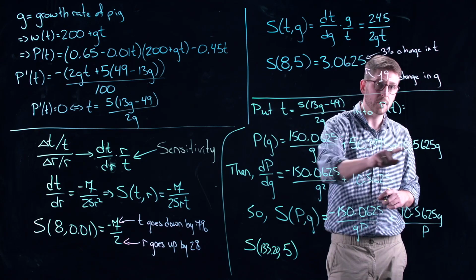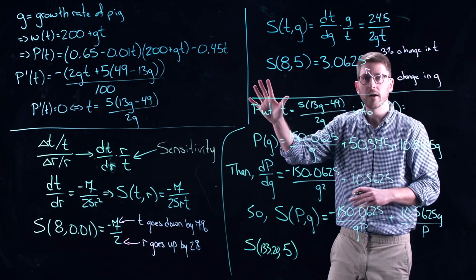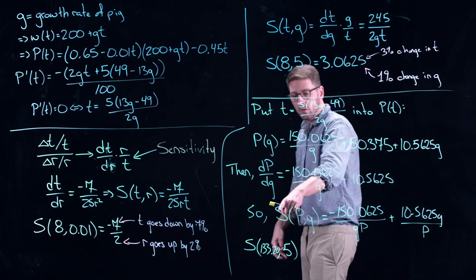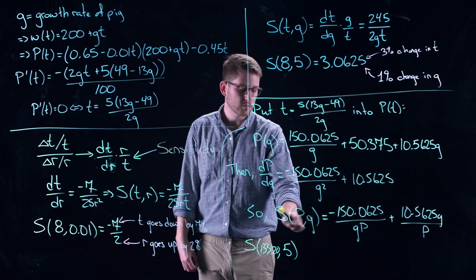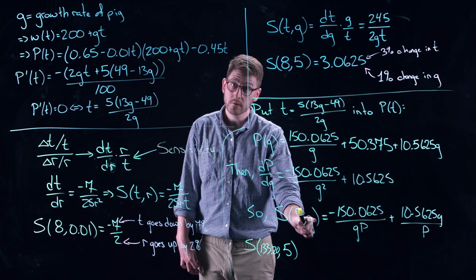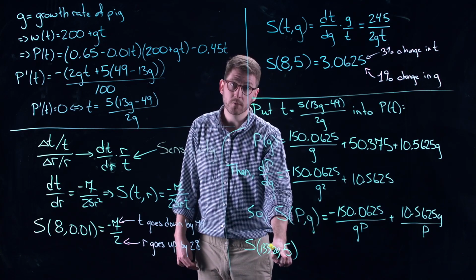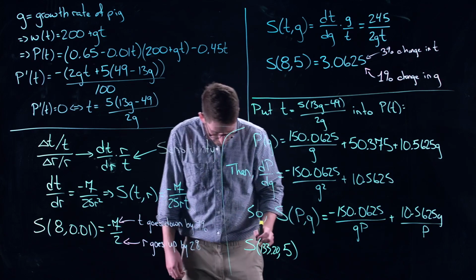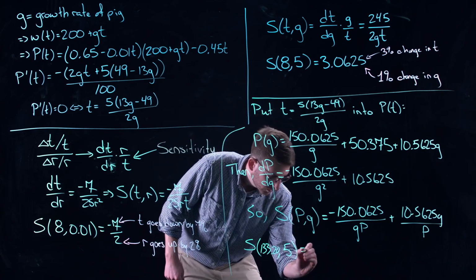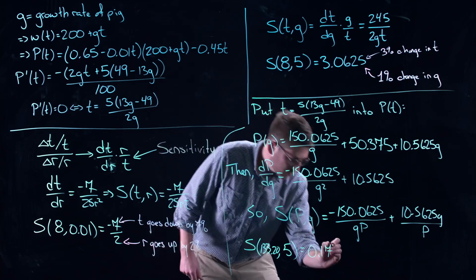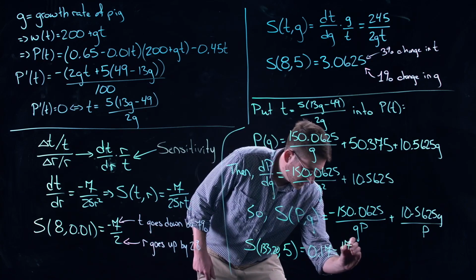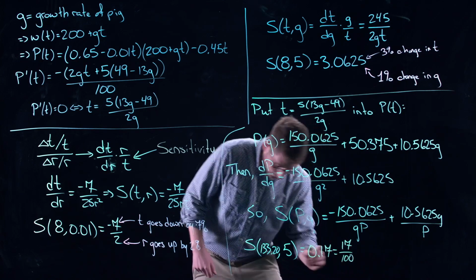I just put 5 into this equation. Calculator problem. So the sensitivity of the profit with respect to the growth rate, when the growth rate is equal to 5, this thing is equal to 0.17, which is just 17 over 100.